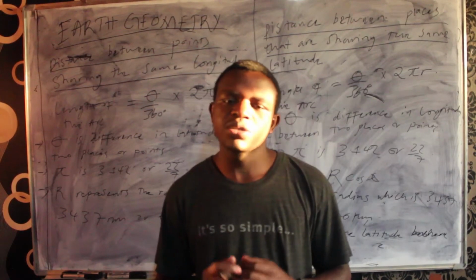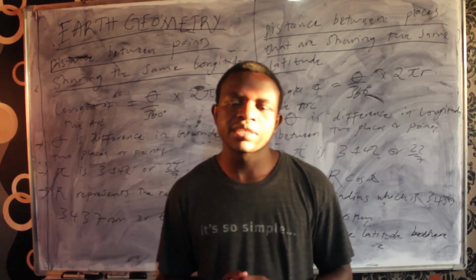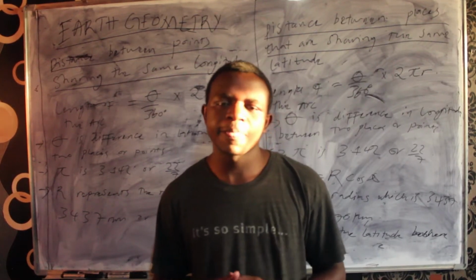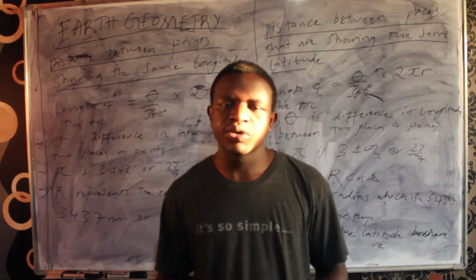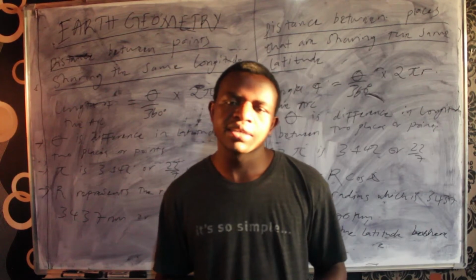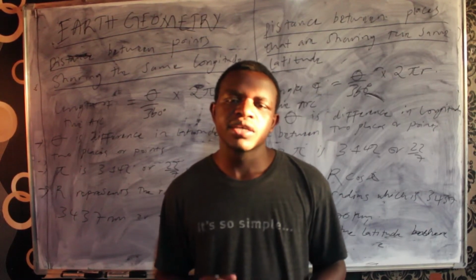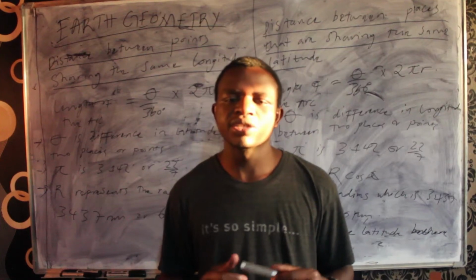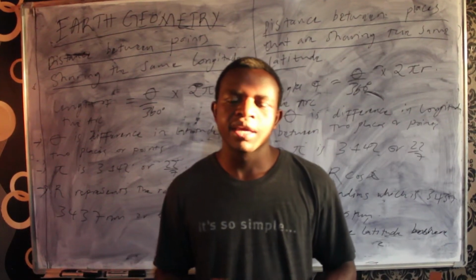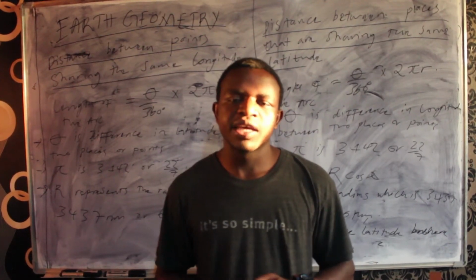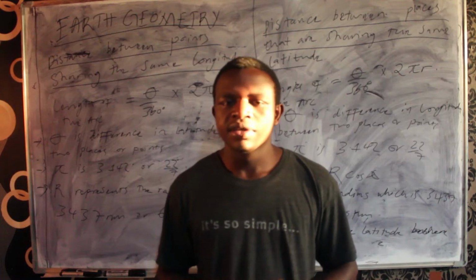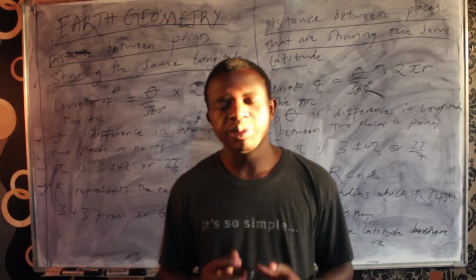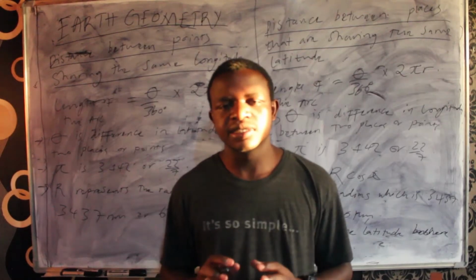The formula that you use when calculating distance between two places that are sharing the same longitude is: distance is equal to length of the arc is equal to theta over 360 multiplied by 2 pi r. The r that you write in the formula is the capital letter R. Theta represents the difference in latitude between the two places.